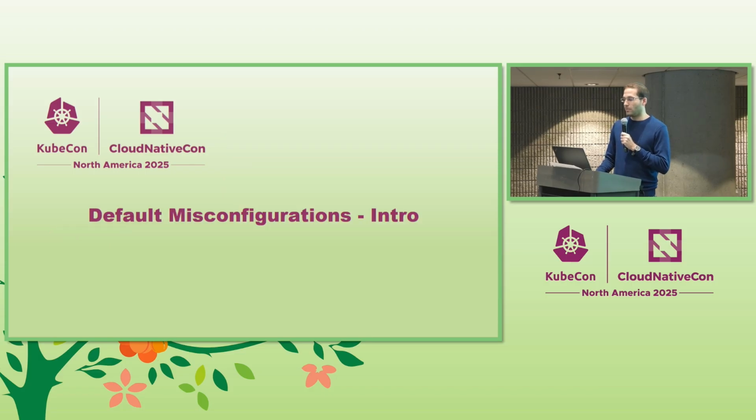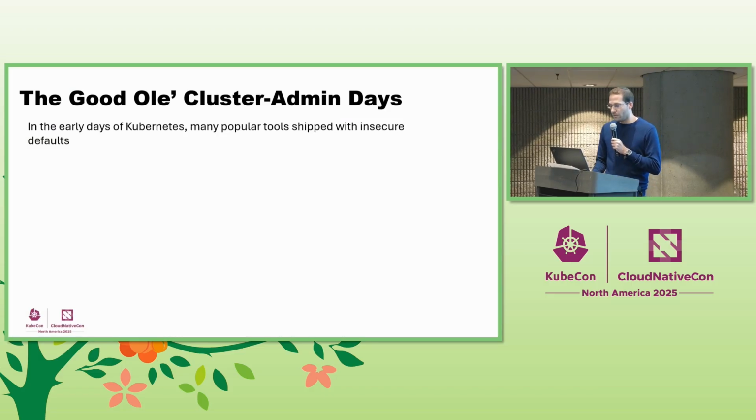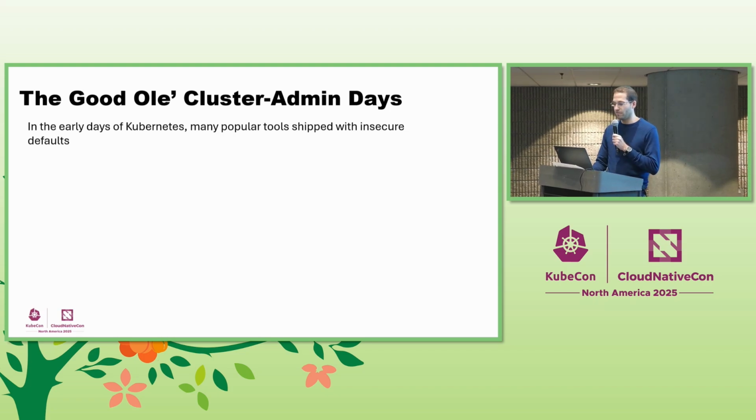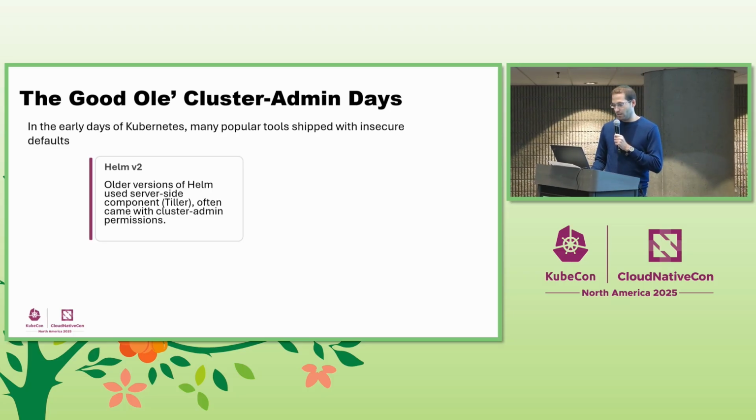So let's start by talking about misconfigurations. In the past, many cloud-native applications weren't very secure by default. And in general, security wasn't always a first priority. Let's see some examples that maybe some of you are familiar with. The first example is Helm. As many of you know, in its earlier versions, Helm came with a server-side component called Tiller.